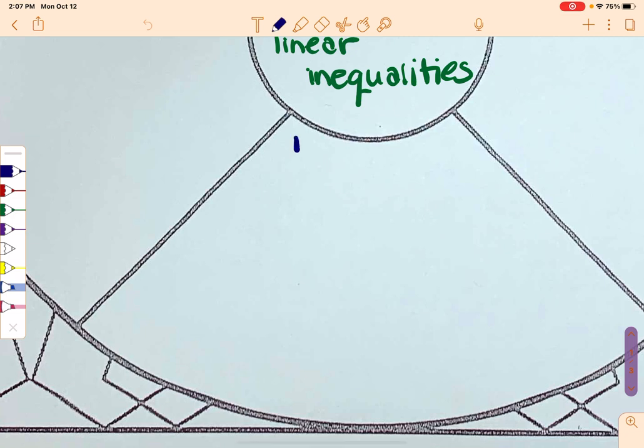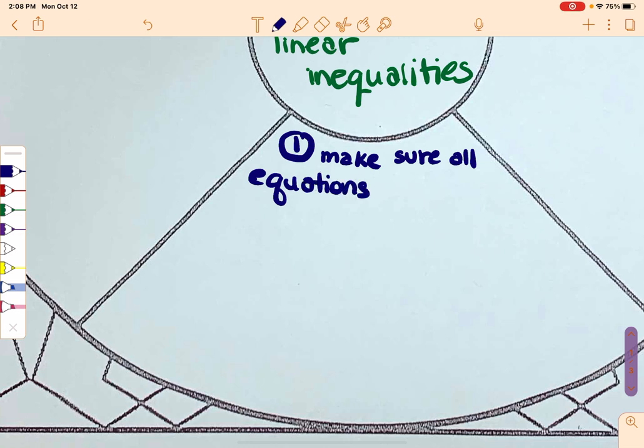So our first step when we go to do these graphing inequalities that we're going to be focused on is that we need to make sure all the equations that we're dealing with are written in slope-intercept form.